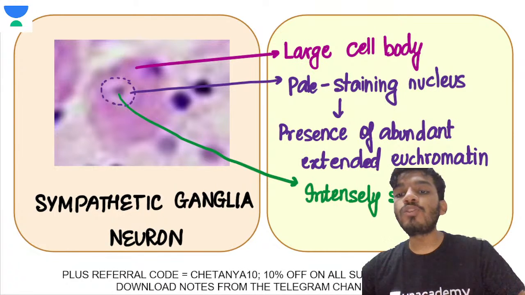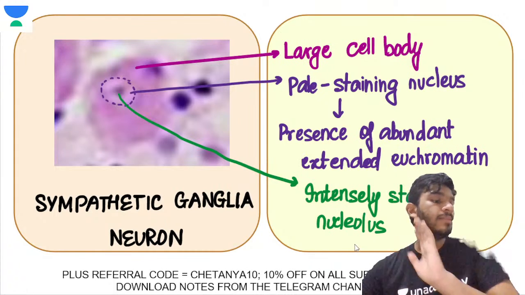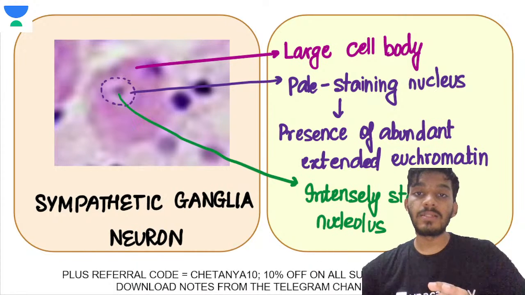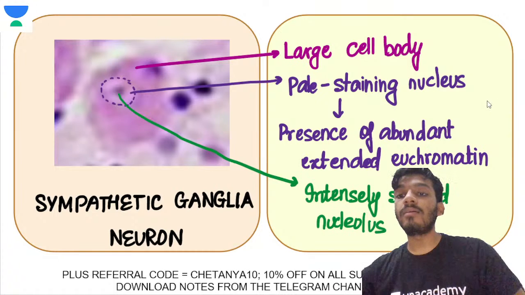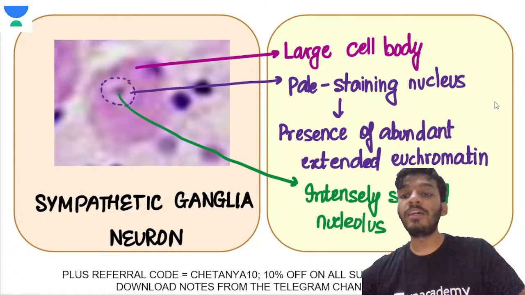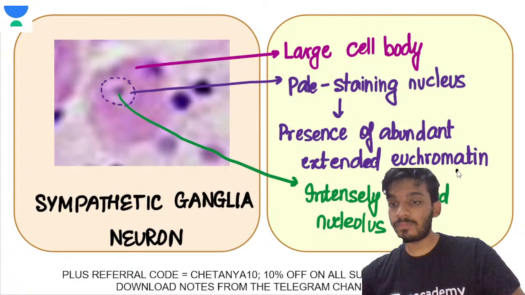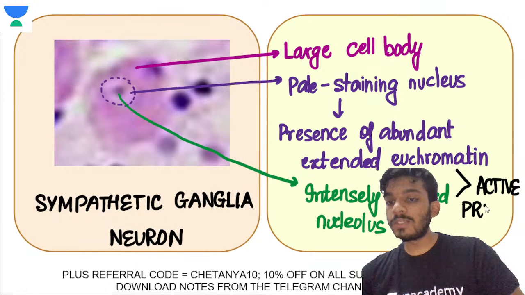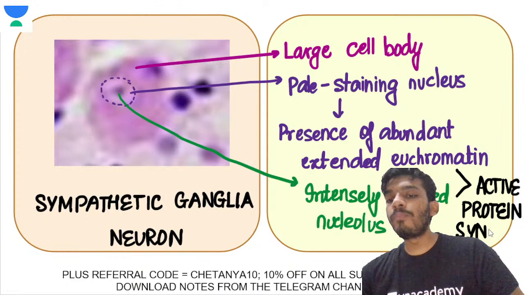Now, based on these two features, you can definitely say that this cell is carrying out very active protein synthesis. These two features are indicators of active protein synthesis. So it's a metabolically active neuron carrying out active protein synthesis at the time of fixation.